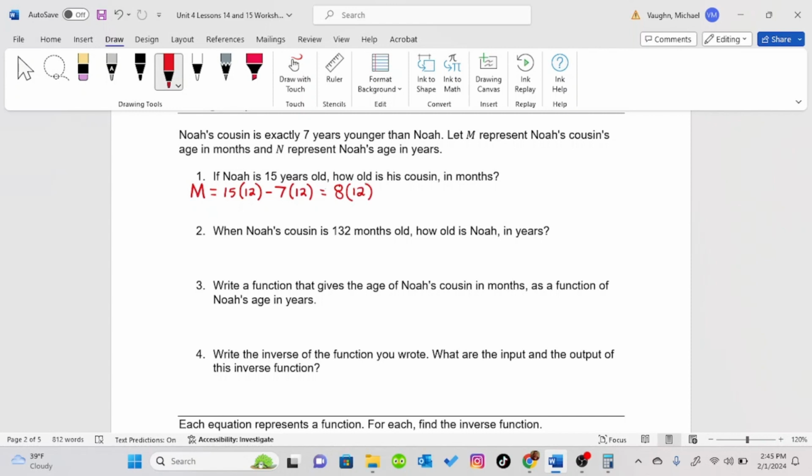We subtract the 15 minus the 7 to get the 8, and both of those numbers were being multiplied by 12, so we leave 12 in parentheses. Now 8 times 12 is 96, and that's 96 months.